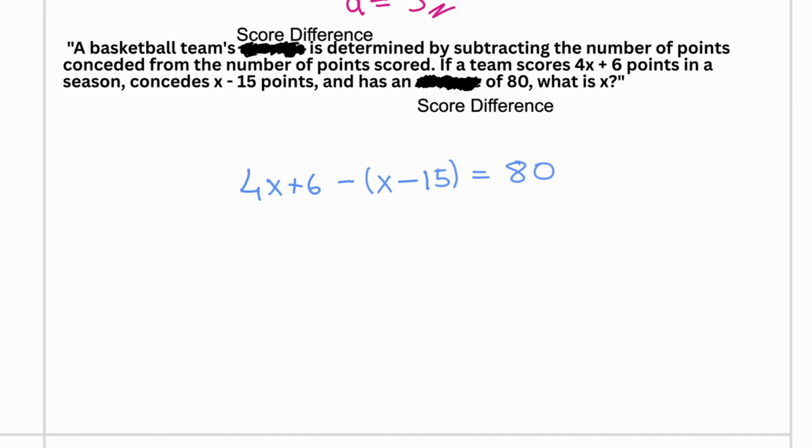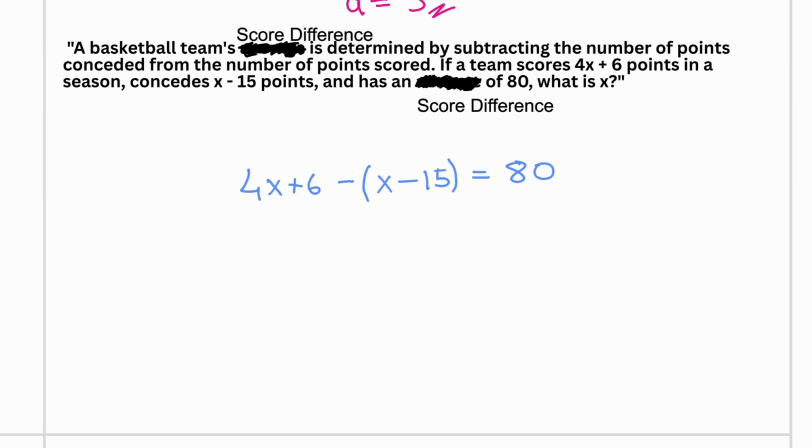Because if you don't put the parentheses, you might just think that's negative x, so you might just do 4x minus x, 3x, plus 6 minus 15 is negative 9, equals 80. That's not correct. You wouldn't get the correct answer. So don't forget to put parentheses here, because we're subtracting all of this from this.